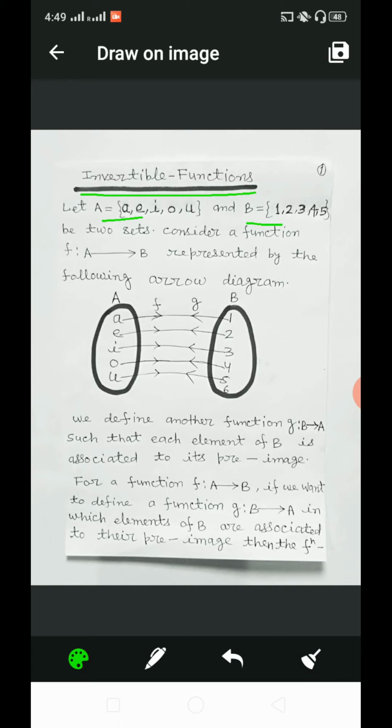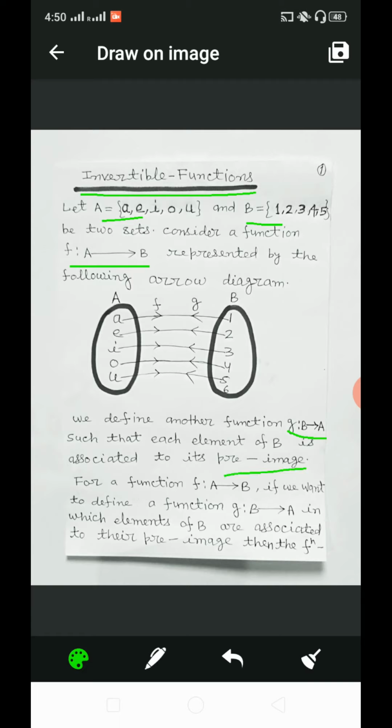Consider a function f from A to B represented by the following arrow diagram. We define another function g from B to A such that each element of B is associated to its pre-image.